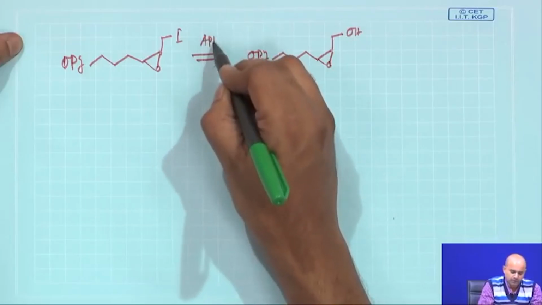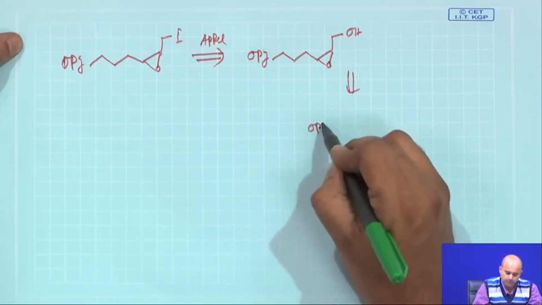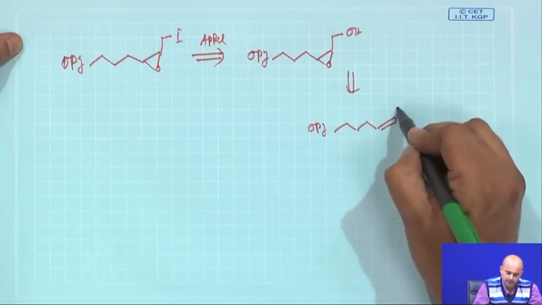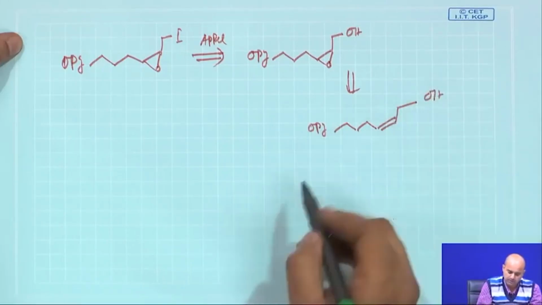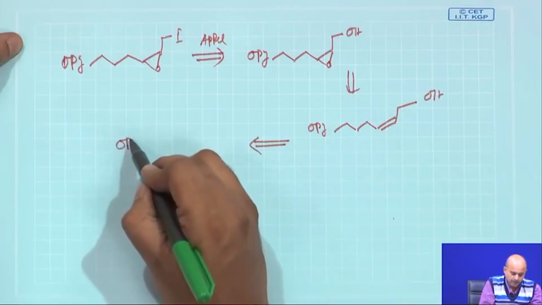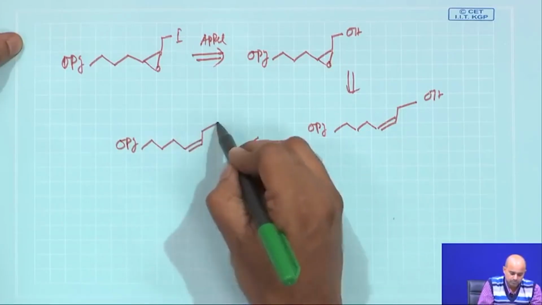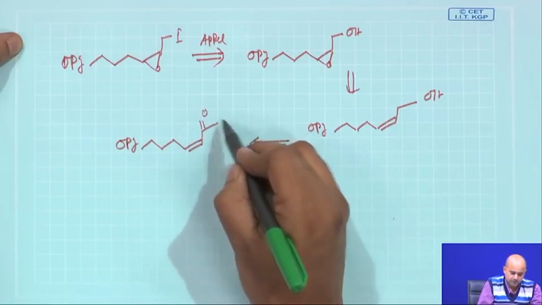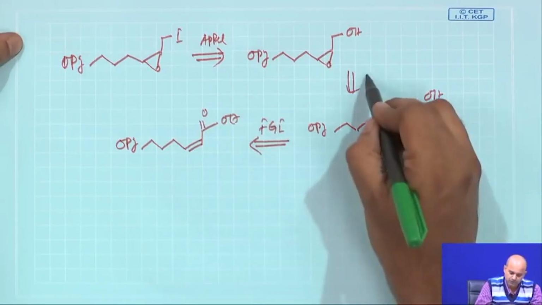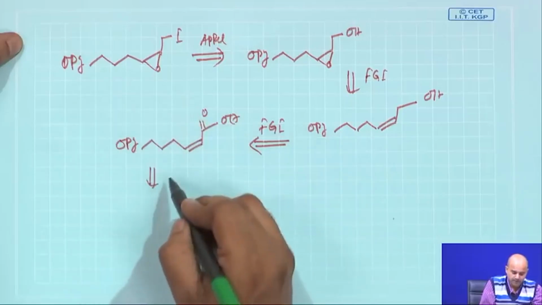This epoxy compound you can make if you have a suitable allylic alcohol. This allylic alcohol we have just now prepared, from the corresponding ester through a DIBAL mediated FGI. So this is also an FGI. Now see, for this one we just need 1,5-pentanediol.